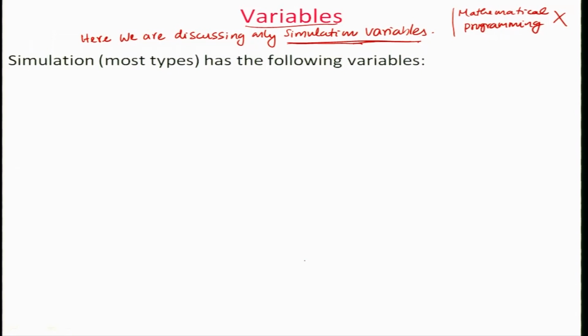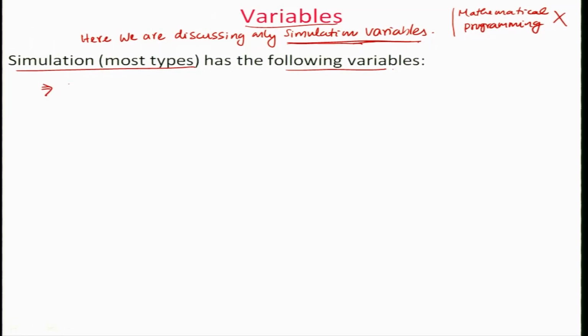Okay. Most types of simulations have the following variables. We will list the major variables here, and then we will see what the main ones are.